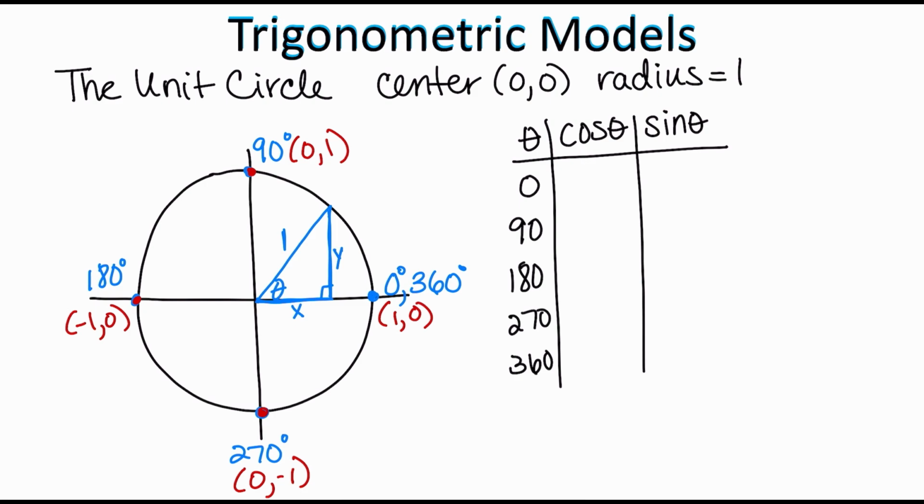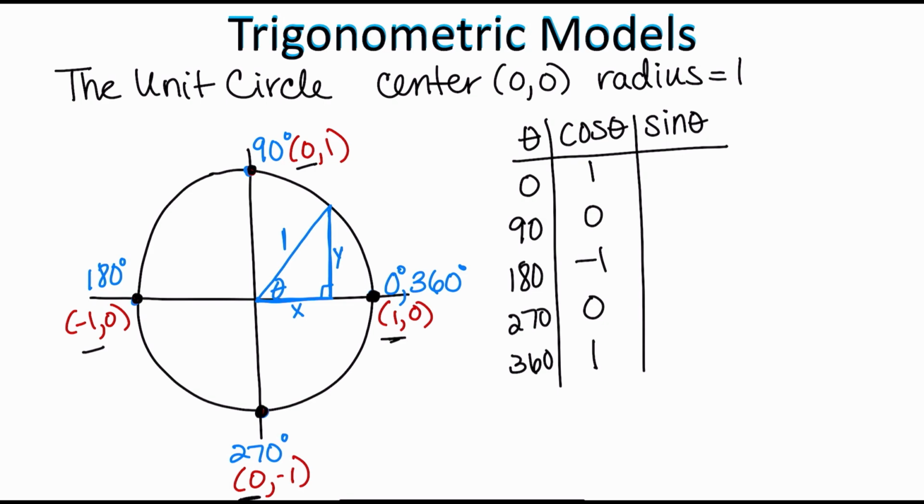So the cosine of theta at 0 degrees right here is the x coordinate, which is 1. The cosine at 90 degrees is the x coordinate, 0. The cosine of 180 degrees is going to be -1. The cosine at 270 degrees is going to be 0. And then if I'm back at 360, then cosine is going to be 1.